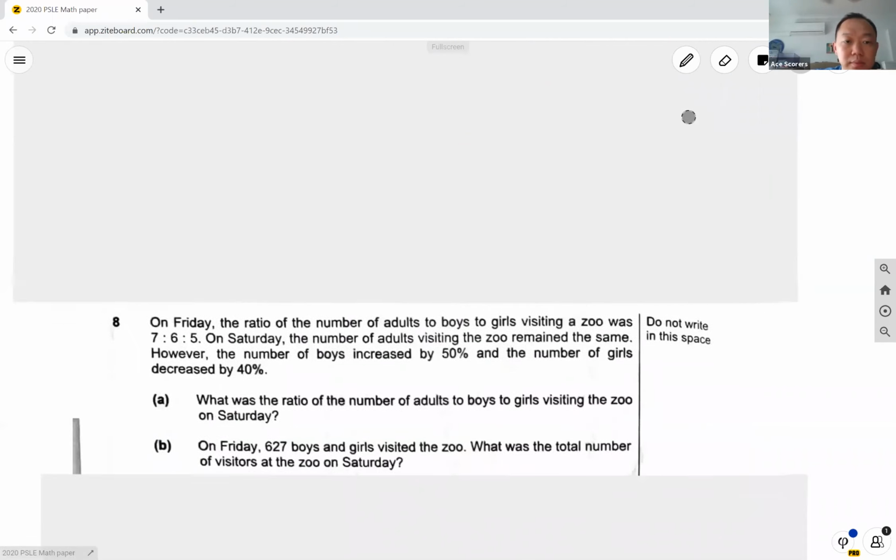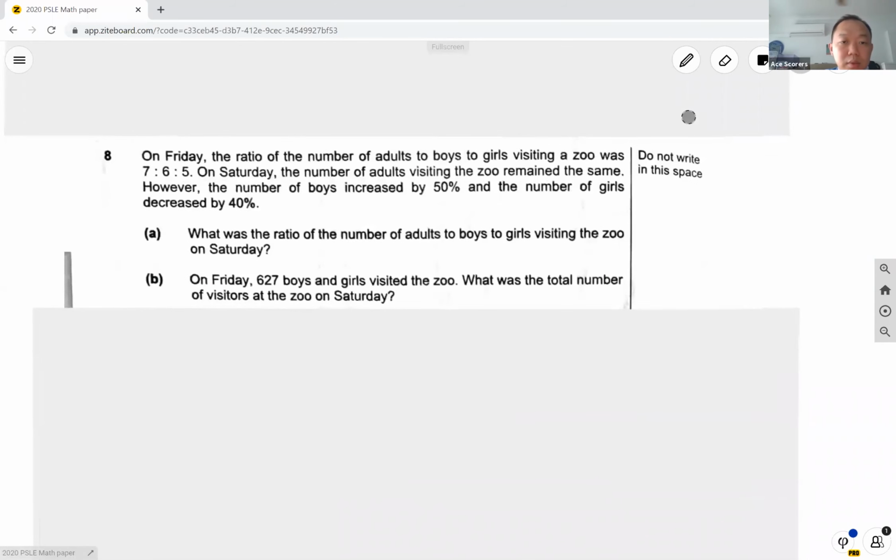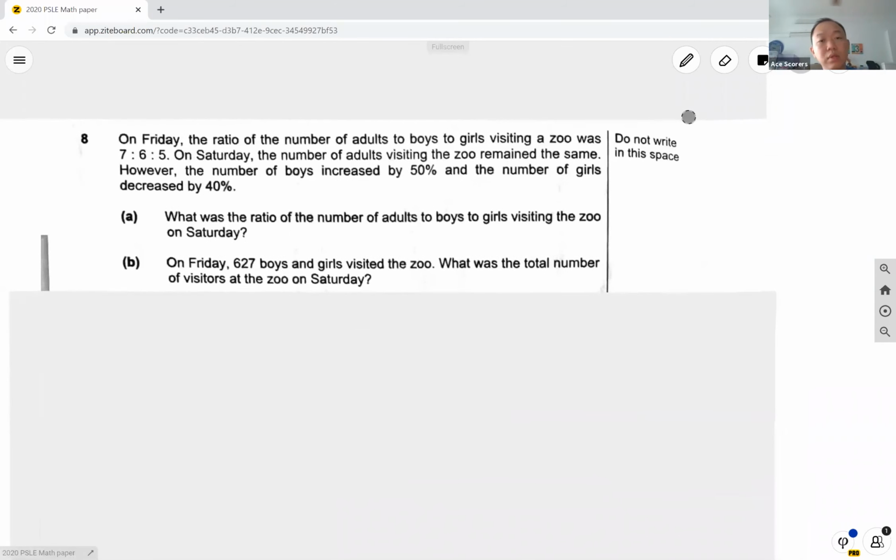Next question. Now on Friday, the ratio number of adults to boys to girls was 765. On Saturday, number of adults within the zoo remained the same. So we have 2 days. Yeah? So at first, I call this a before and after. So before, at first the ratio adult boys girls, A, B, G was 765.